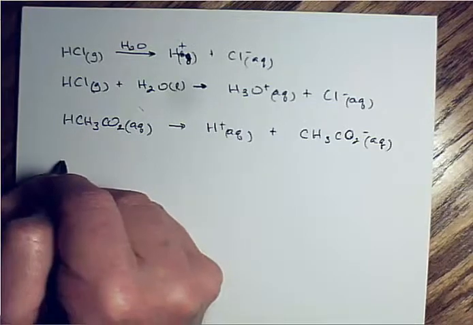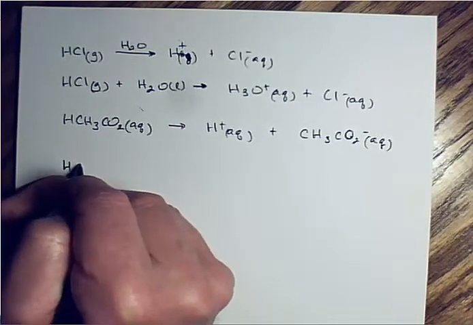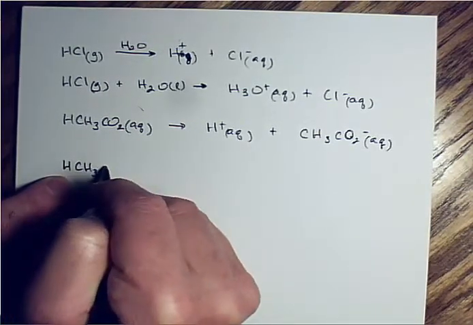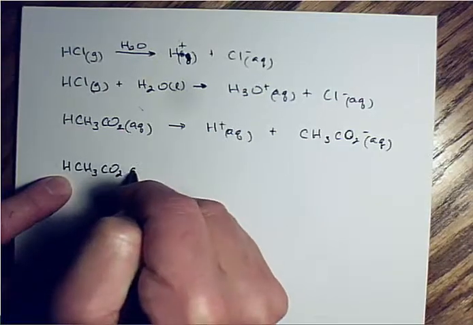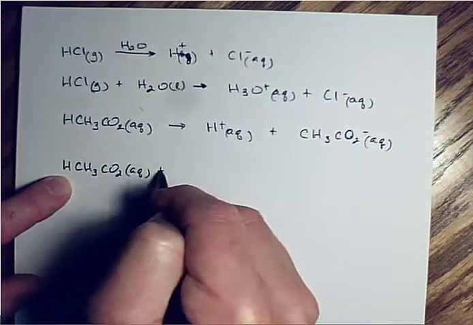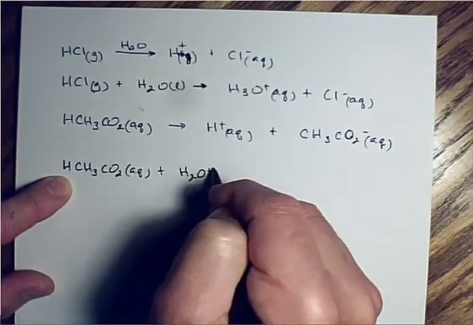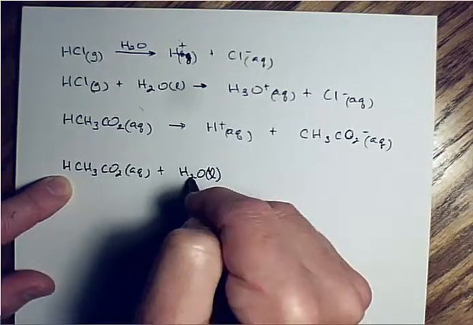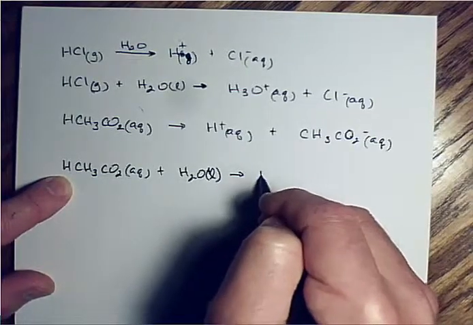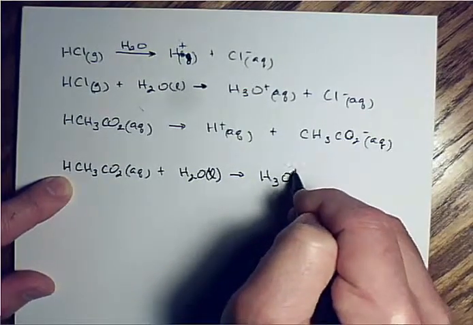Okay, if we're going to do this in Bronsted-Lowry, we've got to have that hydrogen ion pop off of there and join up with a water molecule. Oh, no, I don't want any plus sign there. I'm sorry. Wrong place for the plus sign. It's over here. There we go.